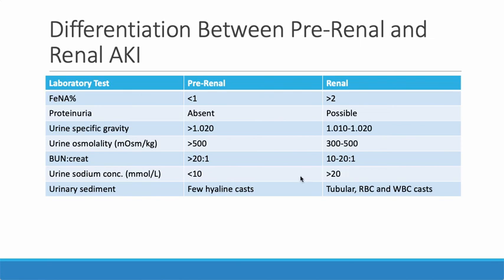We see those casts when we look at urine, right? So we get a urine specimen, a urinalysis, look at it under the microscope, and we can see tubular casts and RBCs and white blood cell casts, etc. Okay?